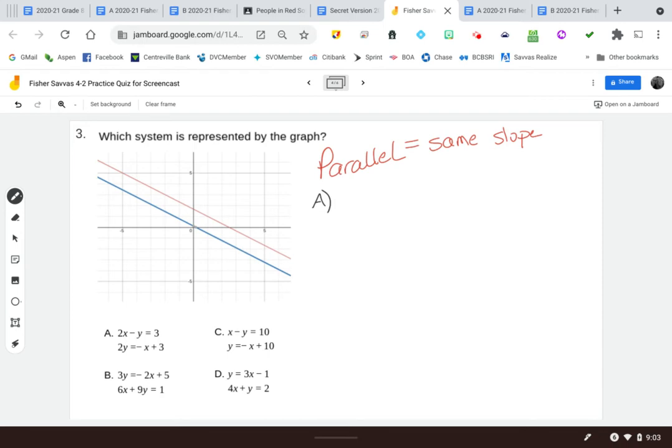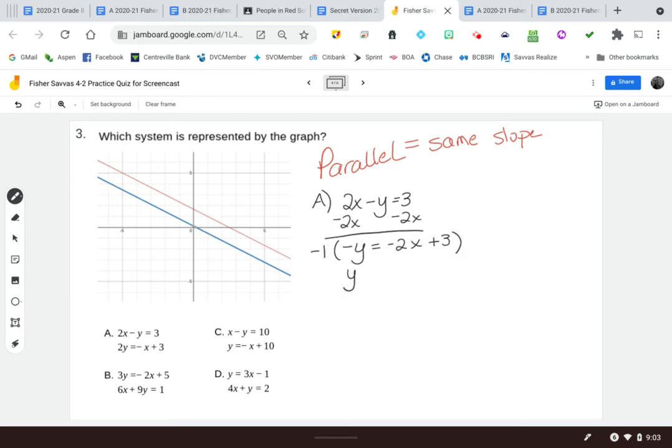Okay, so I have solution A. I have 2x minus y is equal to 3. If I subtract 2x from both sides, I end up with -y equals -2x plus 3. To write it in slope-intercept form, I have to have a positive y, so I'm going to multiply this entire equation by -1.